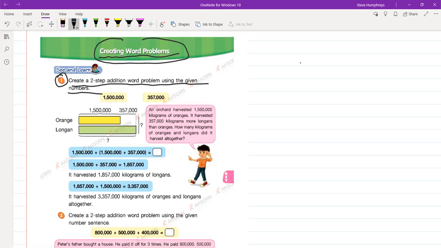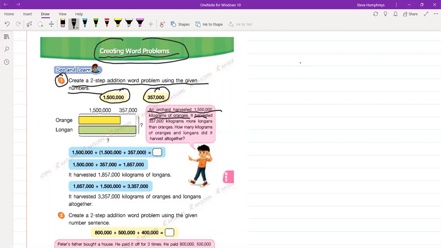They're giving you these two numbers, 1,500,000 and 357,000. Okay, what does it say? An orchard harvested 1,500,000 kilograms of oranges.